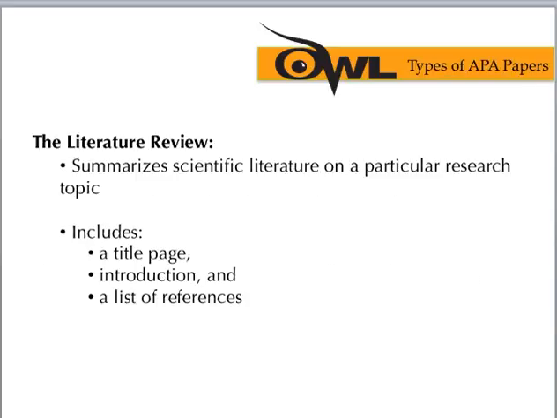There are different types of APA papers, and you will see several of these throughout this course. One is the literature review, which summarizes literature on a topic that you are looking into. It includes a title page, introduction, and then a list of references.